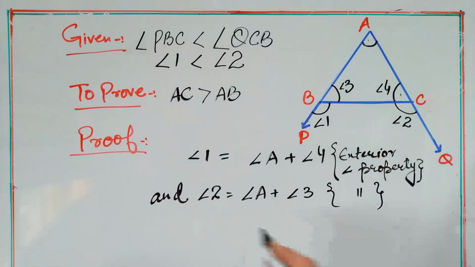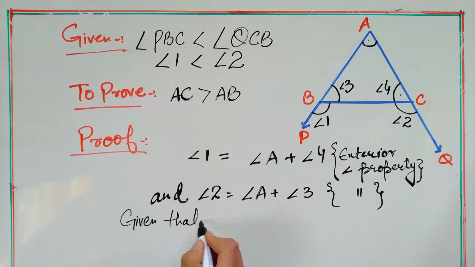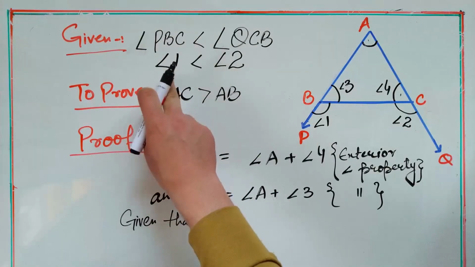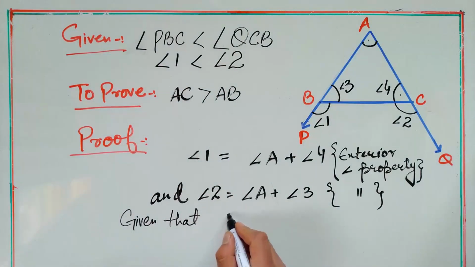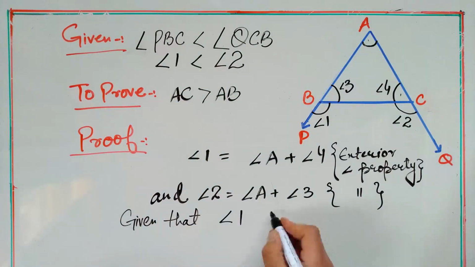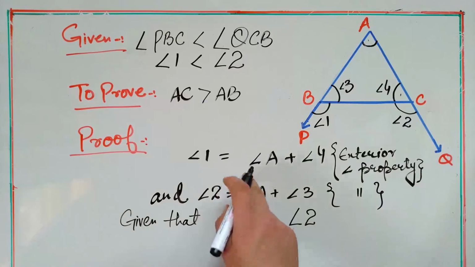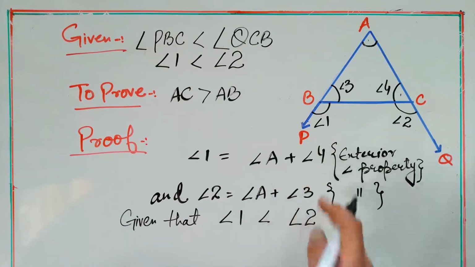Now moving on, what is given to us? We have been given that angle 1 is smaller than angle 2. Angle 1 is lesser than angle 2. Now I just found the value of angle 1. Instead of angle 1, I can write down A plus angle 4.